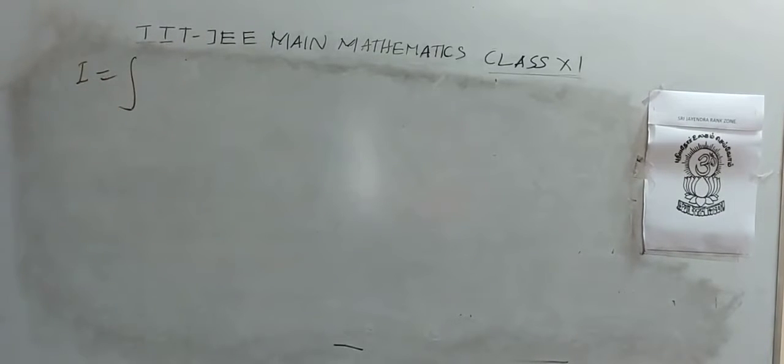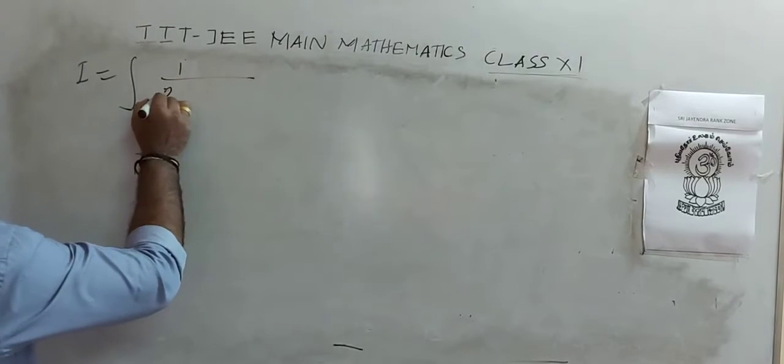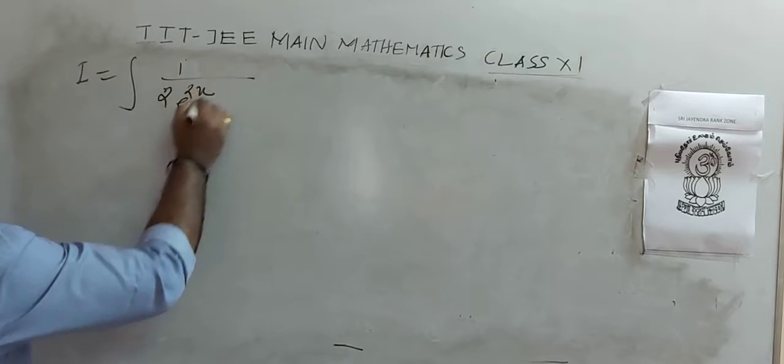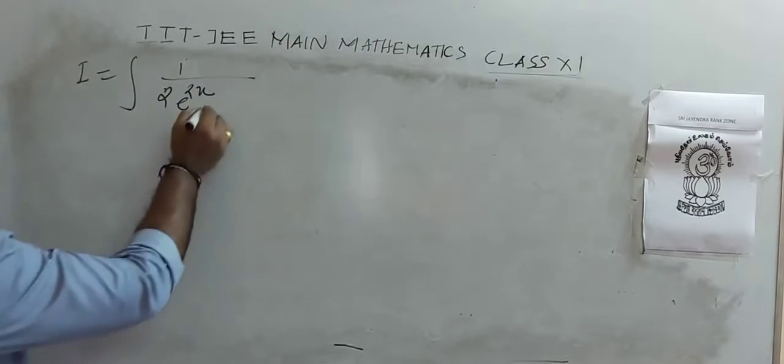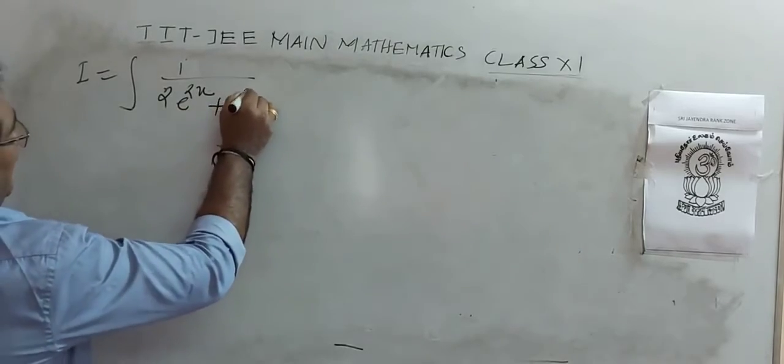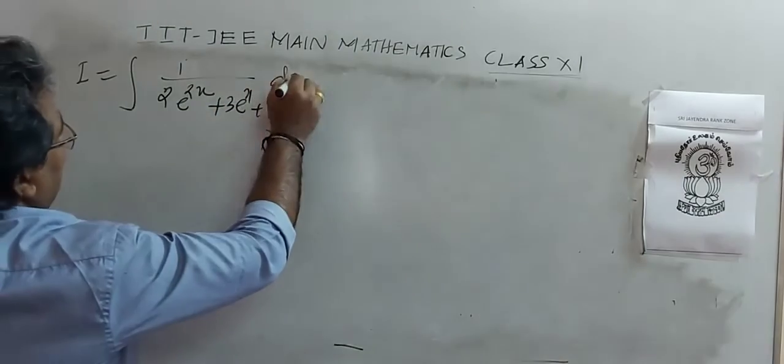Next, evaluate the integral of 1 by (2e^2x + 3e^x + 1) dx.